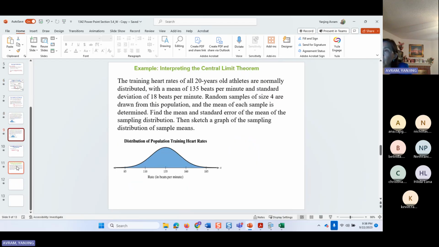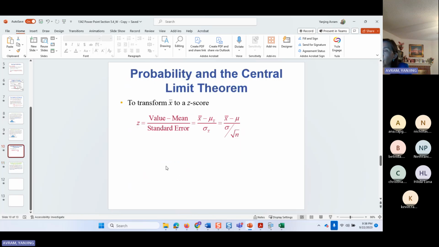So what happens in this calculation when you come to the z-score? If we have n equal to 1, my z-score will be just x bar minus mu over sigma. But if my n equals 4, what happens?